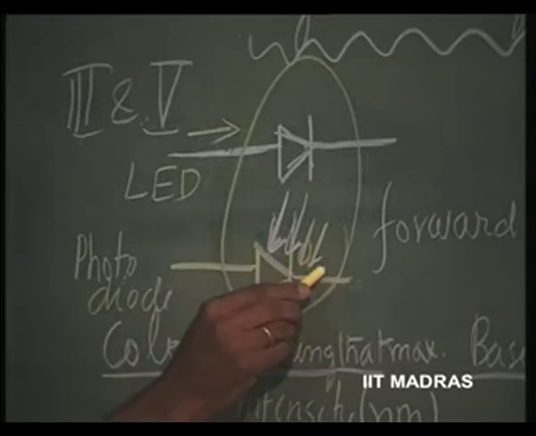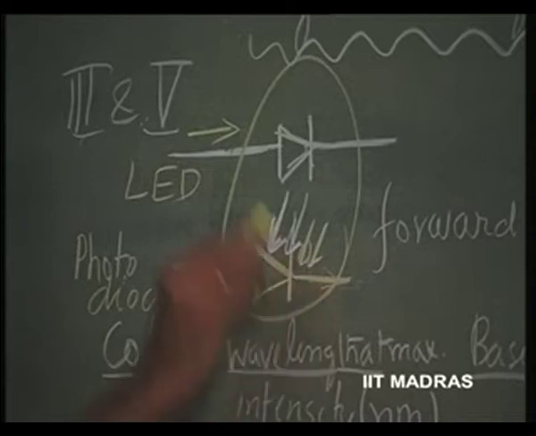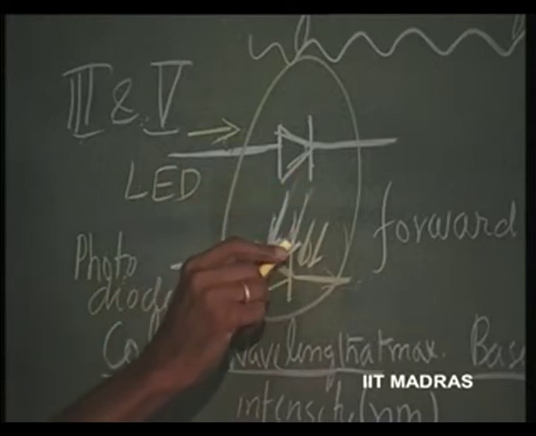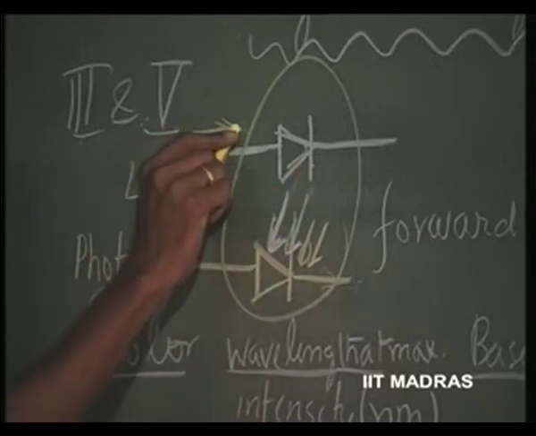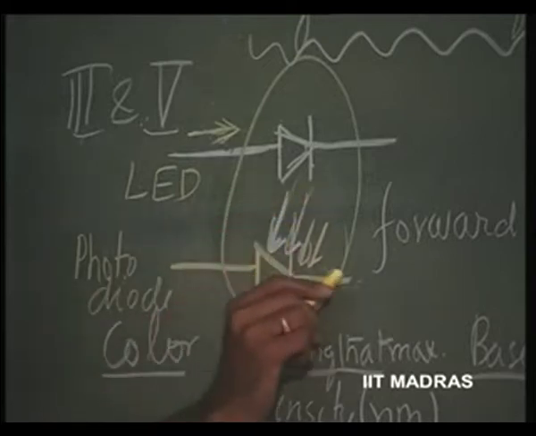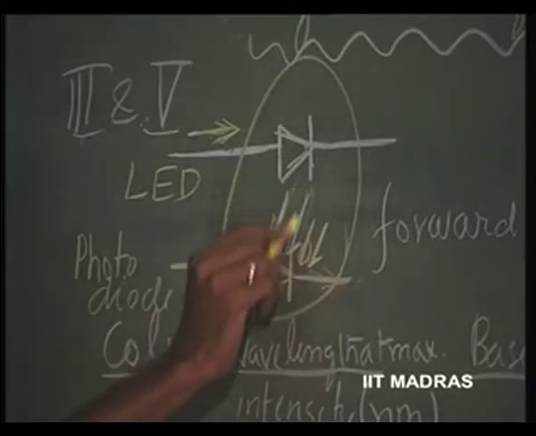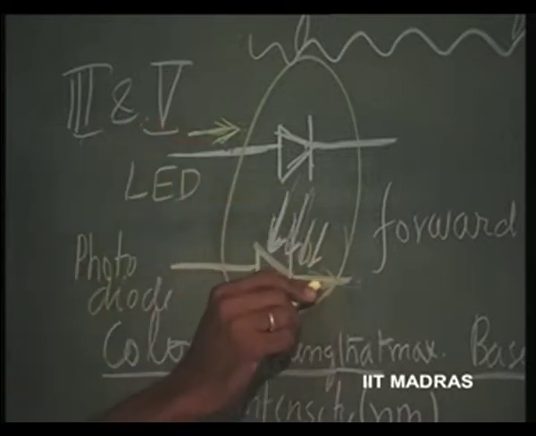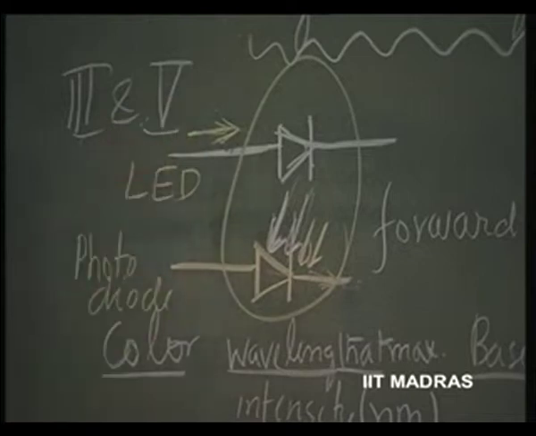So, this current which is generated here is dependent upon this current. This light intensity is dependent upon this current, and the current generated here depends upon the luminance level of this here. So, in turn we have generated a current dependent upon this current, and these two are perfectly isolated.